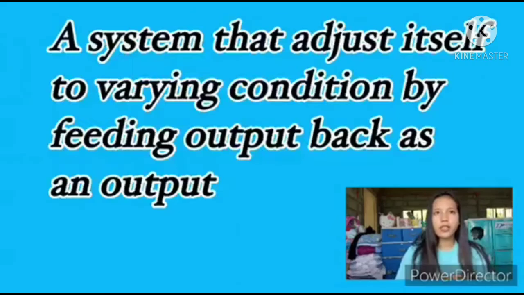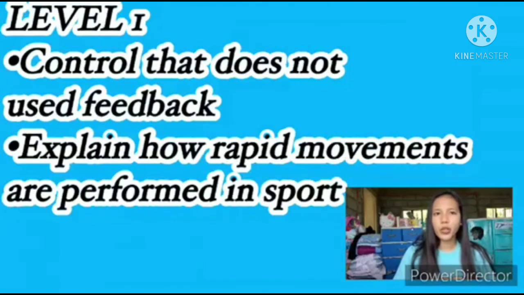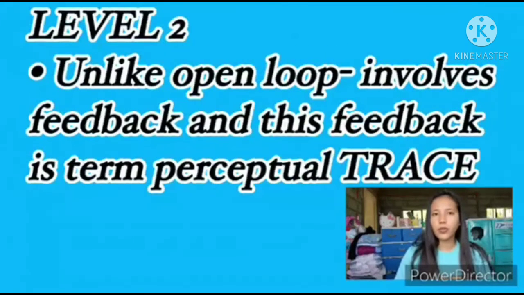Today I will discuss limitation of closed-loop control. Closed-loop control is a system that adjusts itself to varying conditions by feeding output information back as an input. Ito ay mayroong tatlong level of control. Level 1, control does not use feedback. Explain how rapid movements are performed in sports. Level 2, unlike open loop, it involves feedback.